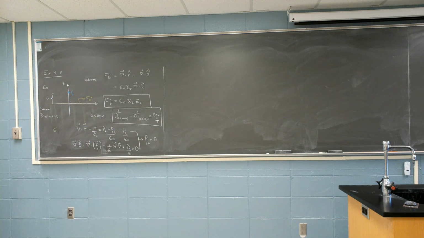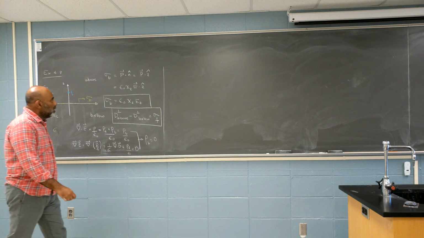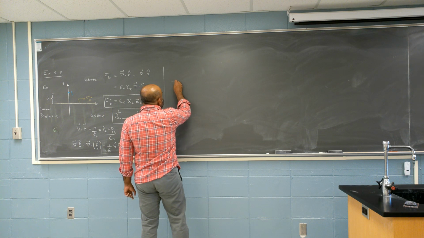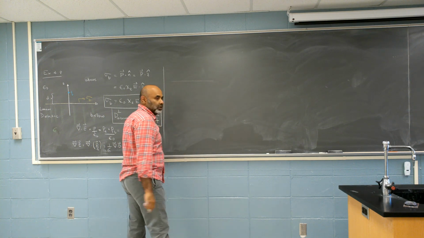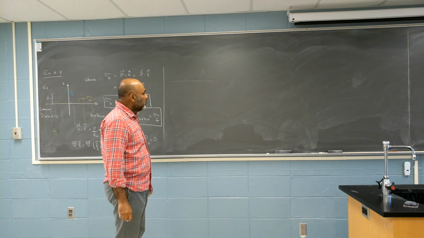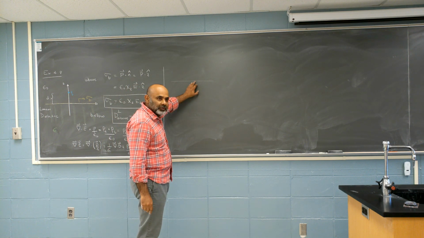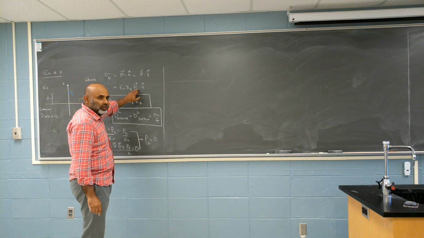Okay, so what I want to do is get, suppose you have a charge here, some sigma. What I want to do is get the electric field right here on the surface, because that is what I would need.